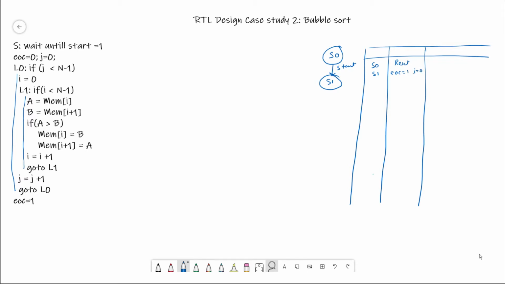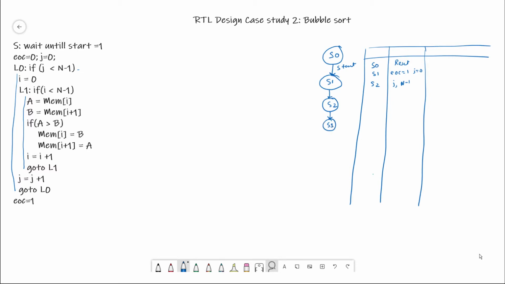From the S1 state we will go to S2 state. In S2 state we are going to compare j and n minus 1. Let us assume n minus 1 is available in one of the registers, so n minus 1 and j would be compared. From S2 state there would be another state S3.